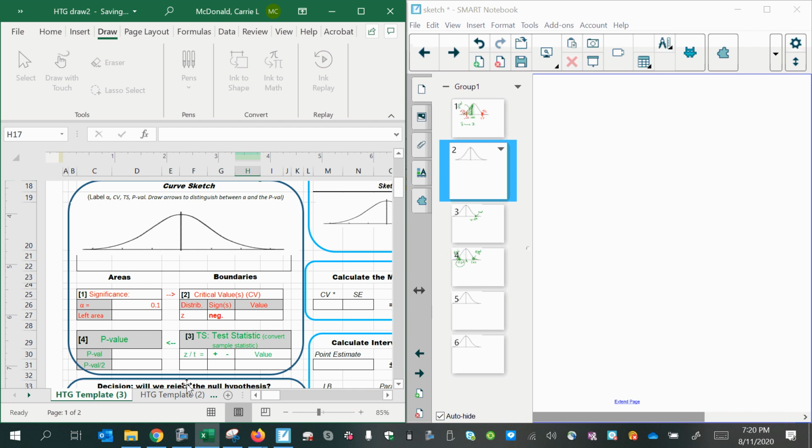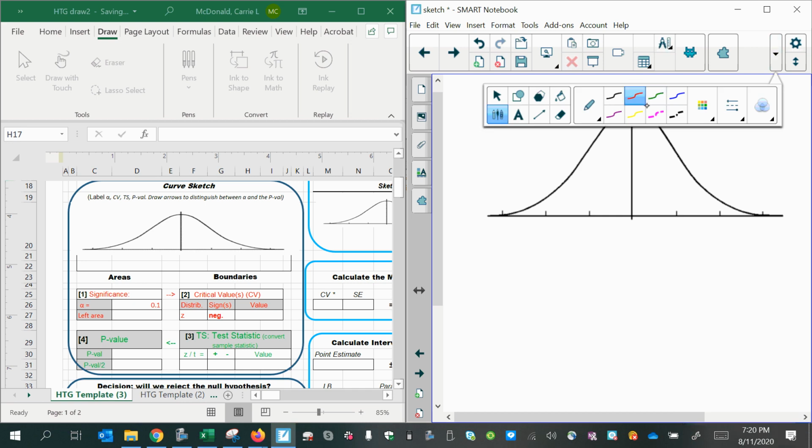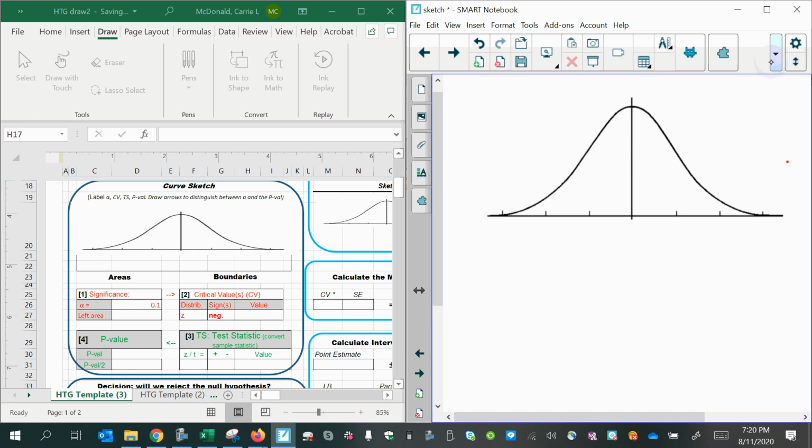So let's go ahead and begin our sketch, just a rough draft, because we won't have it exactly right until we find some more values. But it's good to get a visual. So we said this is a left-tailed test. So my critical value will be negative. And since we're doing a z-test, it'll be a z-score.